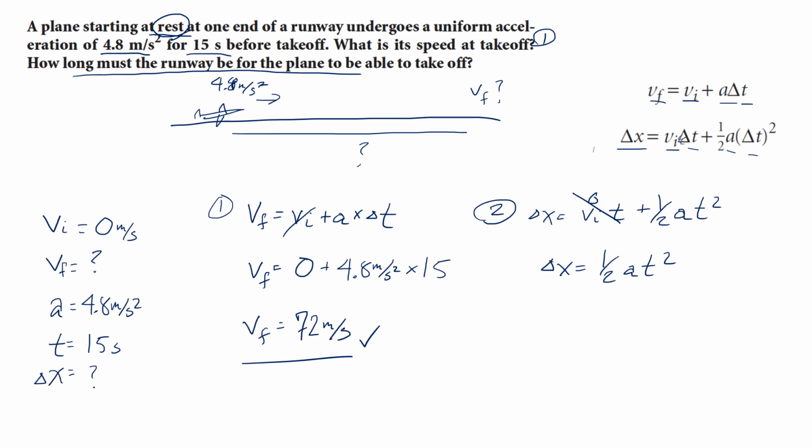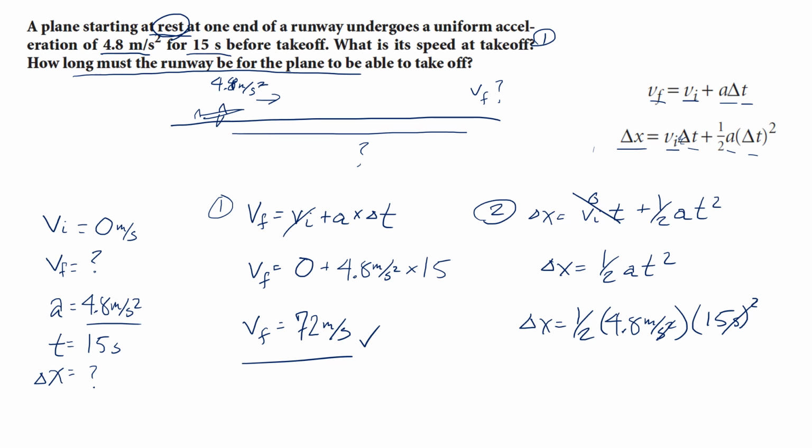And we know this equation. It's the one we've been using for our reaction time lab. So delta x is equal to 1/2 times our a, which is 4.8 meters a second squared, times our time, 15 seconds, all squared. Notice this becomes second squared, and here's second squared, so the second squares cancel out.